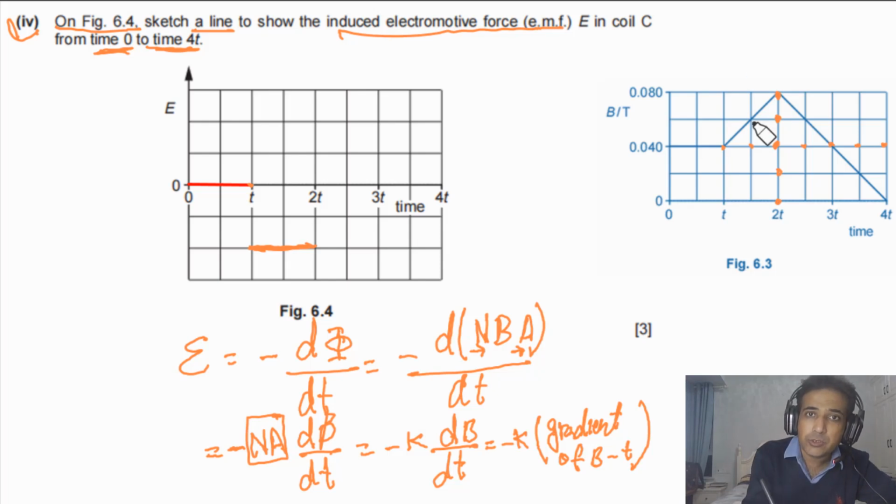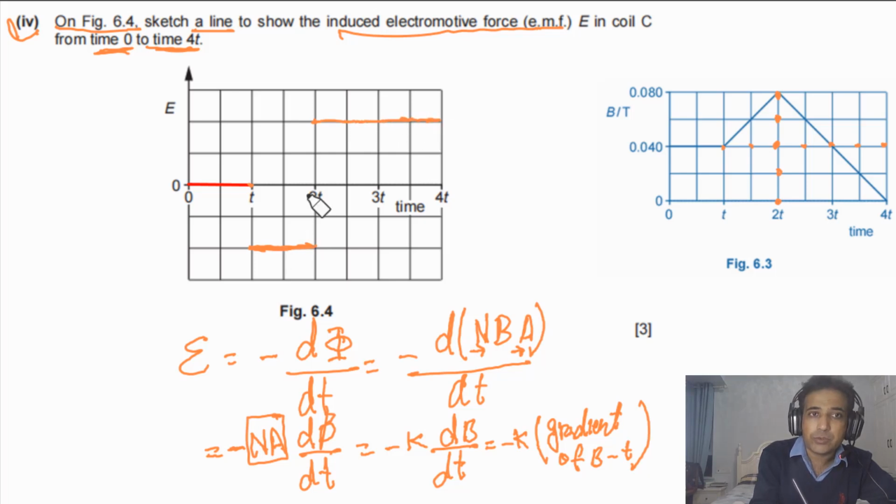So the gradient of this part and this part is the same, but this gradient is negative, so EMF has to be positive. After time 2t, EMF has to be positive, so it has to be positive from here to 4t.